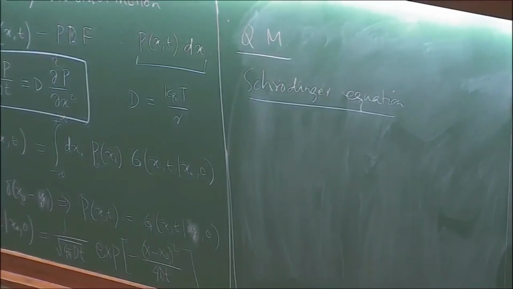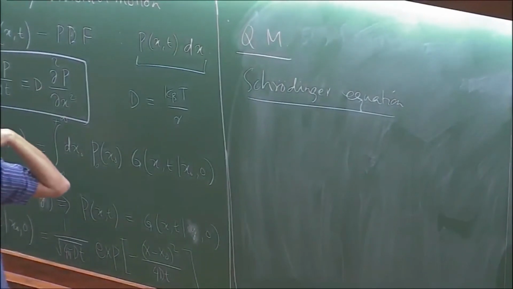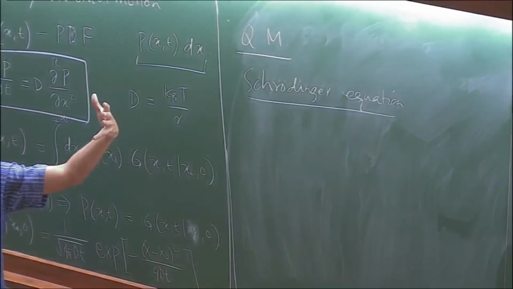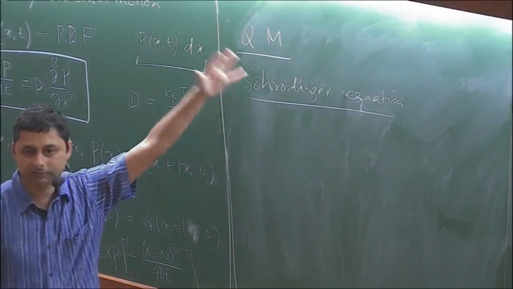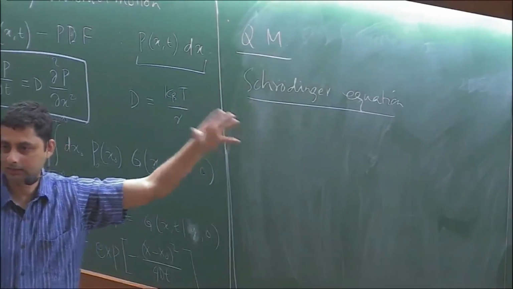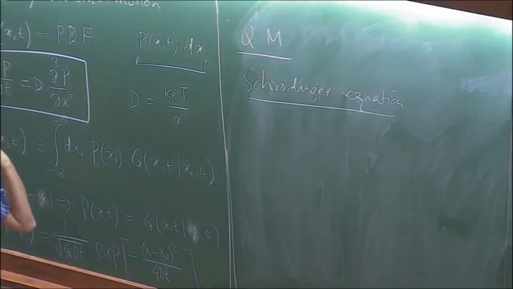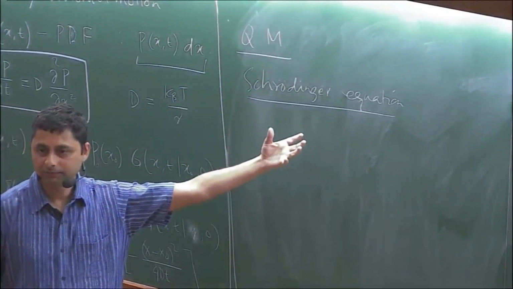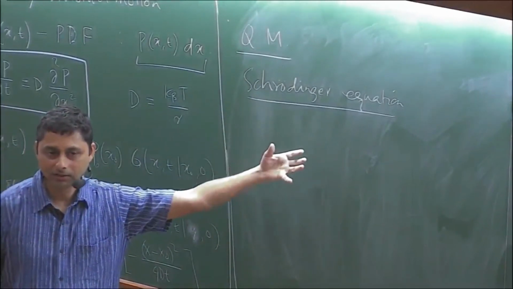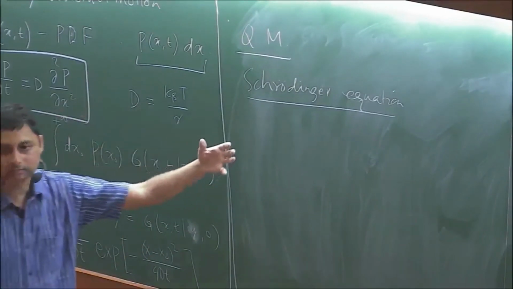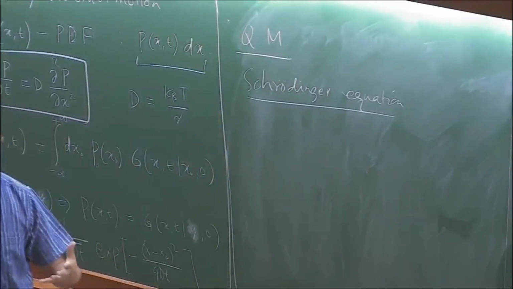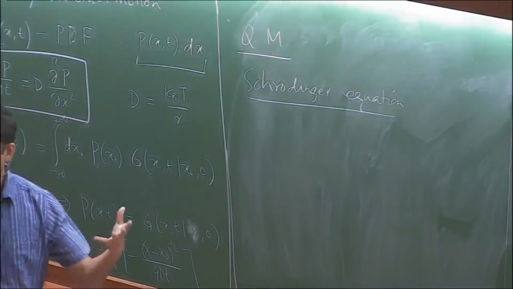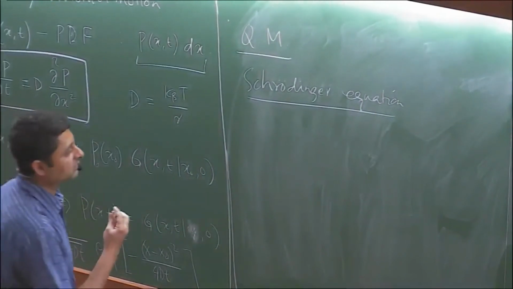It's just a technical mapping, right? The physics is of course very different. There's nothing quantum about it here. But in fact many things from here go there and many things from there come here, like the path integral, for example, in quantum mechanics. So we'll come to that. But let's say, what is the Schrodinger equation?